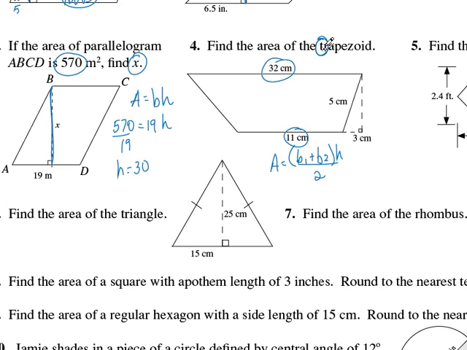The trapezoid starts with T, so does triangle. When I think of it, I think the area of a triangle, I know that. That's easy. Okay, I should have that memorized a long time ago. Base times height divided by 2. But a trapezoid is different than a triangle. It's got 2 bases. So I just add the 2 bases together, multiplied by the height divided by 2. Isn't that a nice way to remember it?